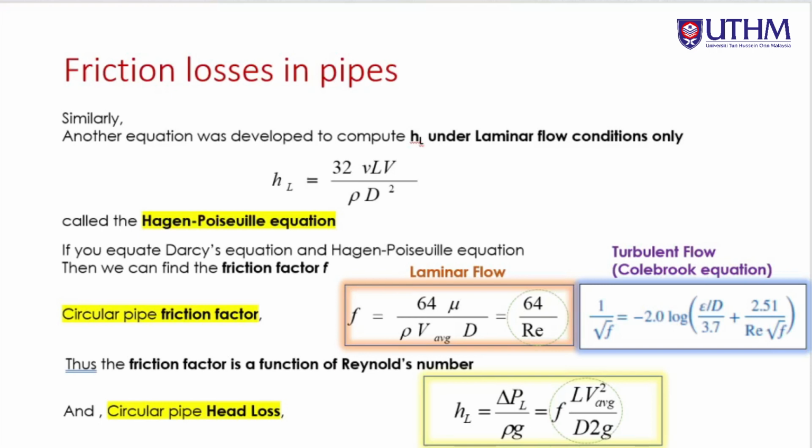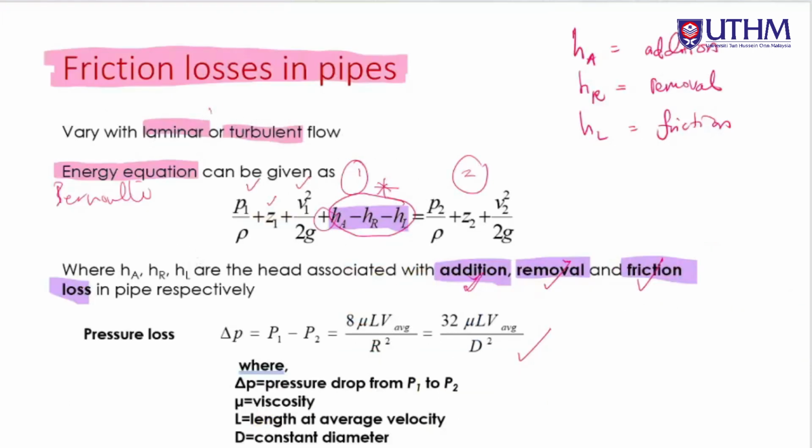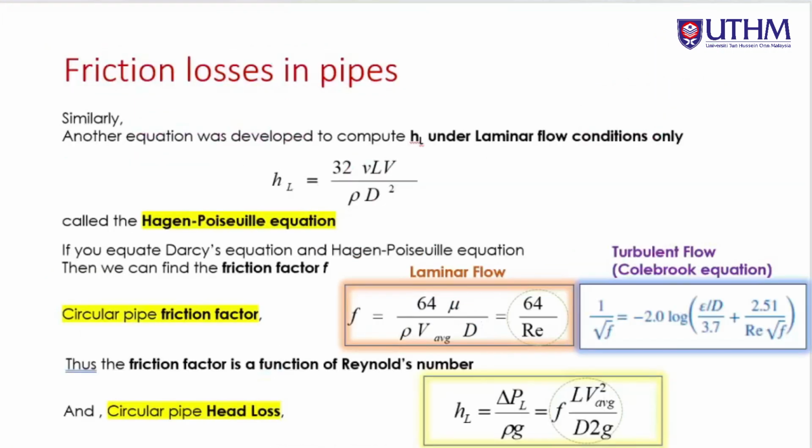Actually friction losses, like we said earlier, depend on the flow characteristic, whether it is laminar or turbulent. So what is important now is that we need to know, if it is laminar or turbulent, what friction factor we have to consider. The friction factor is important because it affects the value of losses due to friction.